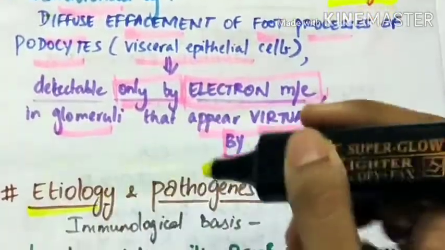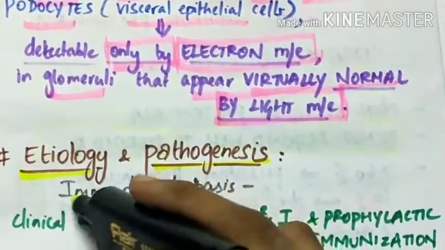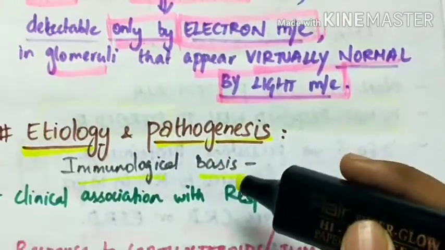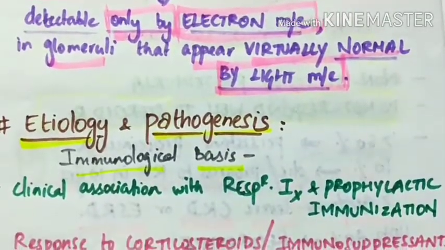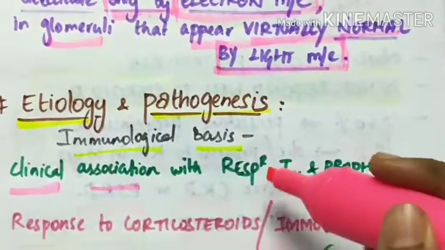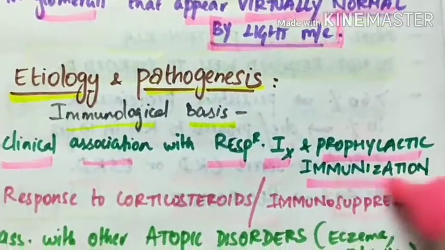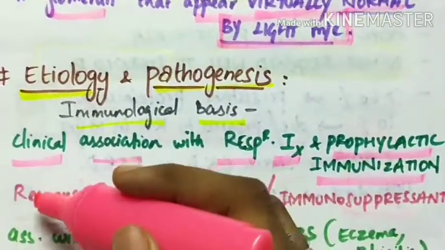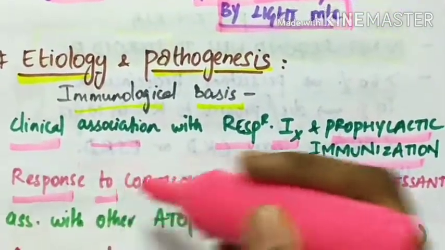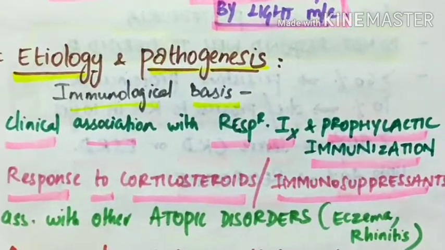Coming to the etiology and pathogenesis of minimal change disease, it has an immunological basis. The points supporting it are: first, it has clinical association with respiratory infections and prophylactic immunization. Second, it shows good response to corticosteroid or immunosuppressant therapy.